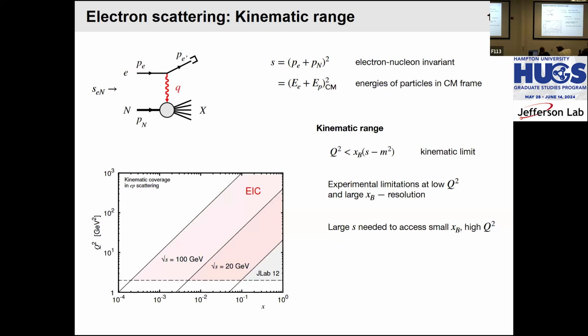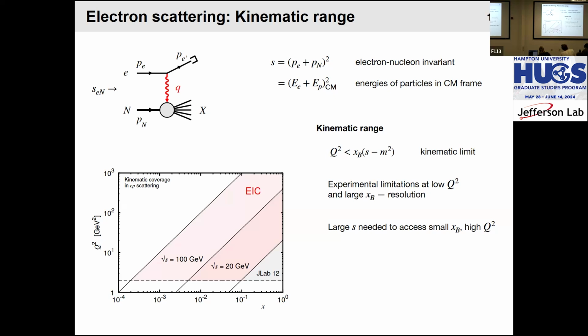And now it's easy to figure out what the accessible range in X Bjorken and Q square is for scattering at a given center of mass energy. It's given by this simple formula here.